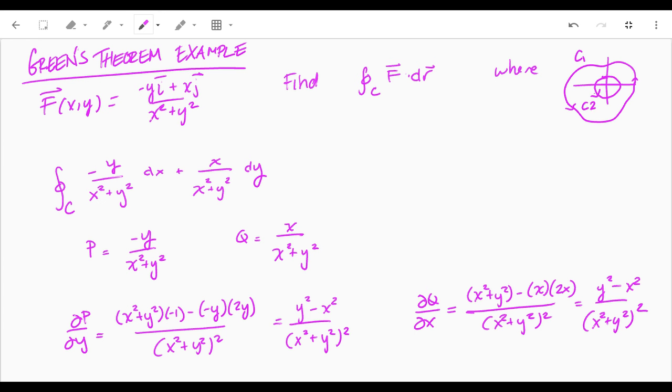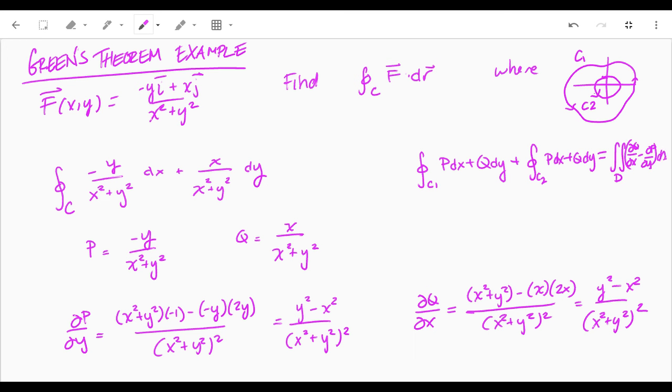So what we just learned is that the line integral over C1 of P dx plus Q dy plus the line integral over C2 of P dx plus Q dy will equal the double integral of dQ/dx minus dP/dy dA.